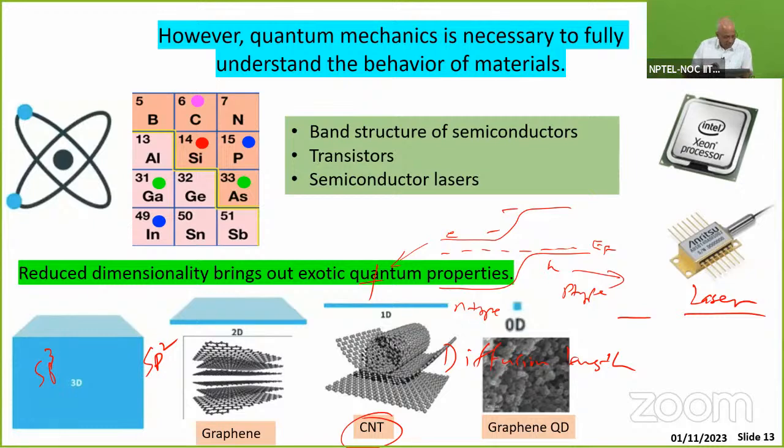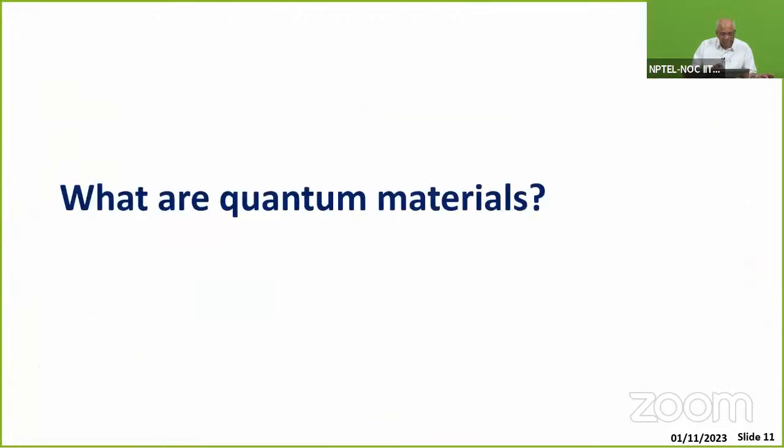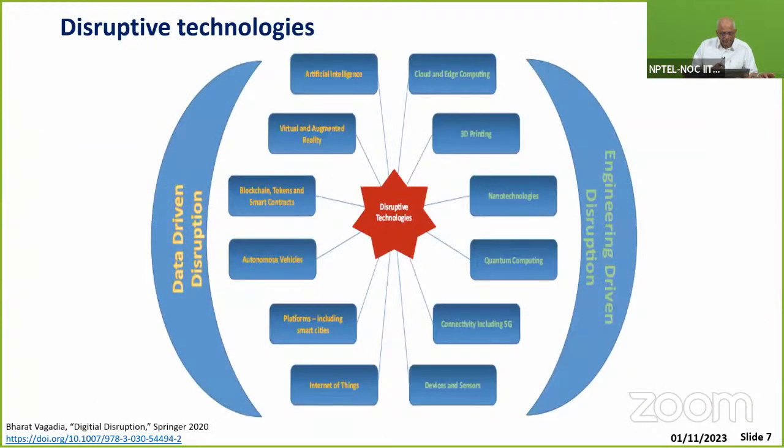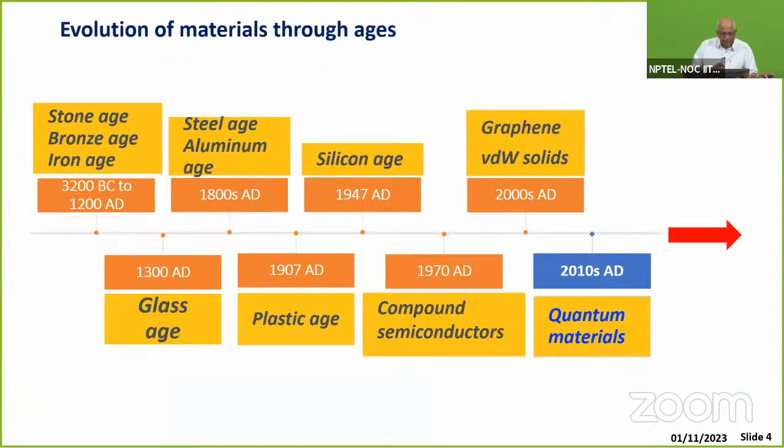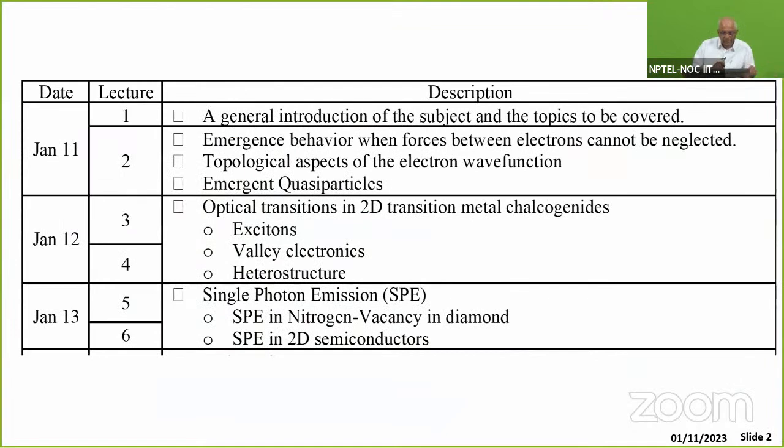So tomorrow, just to quickly say, we'll talk about optical transitions in 2D transition metal chalcogenides, talk about excitons, valley electronics, and we'll talk about infrastructure.